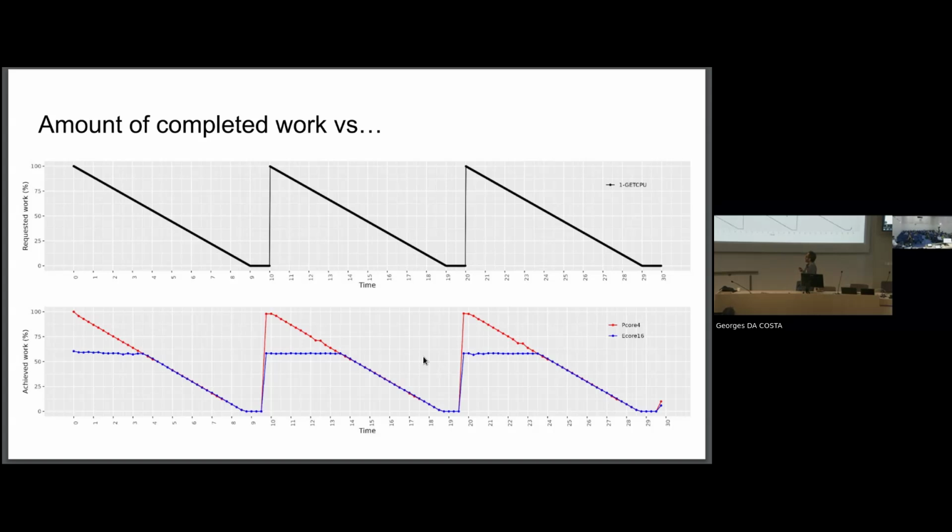And we can see here clearly that the line follows closely the shape and size of the line at the top of the screen. Whereas for certain portions of the plot, we see that the E core cannot achieve that amount of work, and therefore it can achieve only 60% of the work that the P core can achieve.